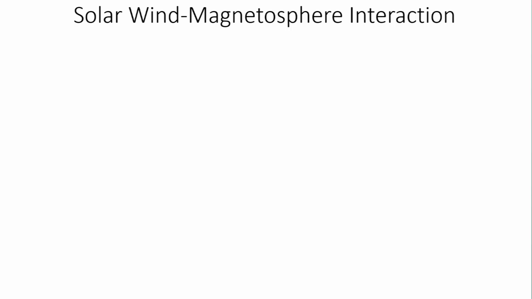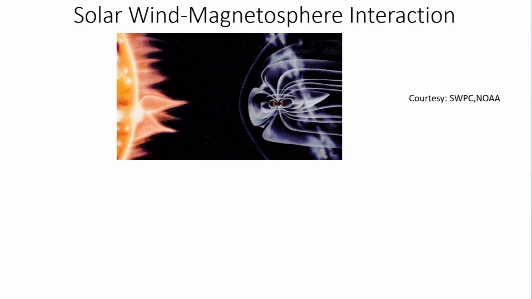So, let us now see how the solar wind and magnetosphere interaction happens. In this illustration you can see the solar wind. This is the corona, and the solar wind, guided along with the magnetic field, reaches our Earth's magnetic field, the magnetosphere.